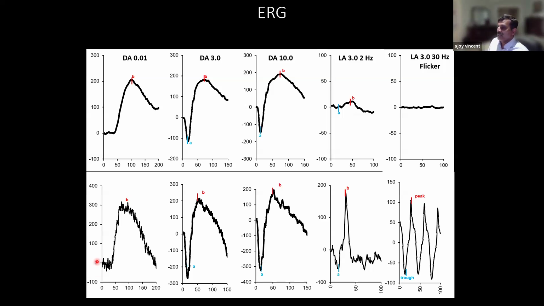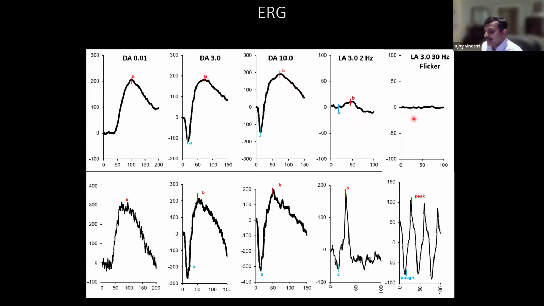And these are the ERG changes. So if you look at the ERGs, the rod ERGs are within normal limits. The cone ERGs, there are some residual responses in the single flash cone ERG, whereas the flicker ERG is non-detectable. So electrophysiologically, this is a cone dystrophy phenotype. There is some residual cone responses.